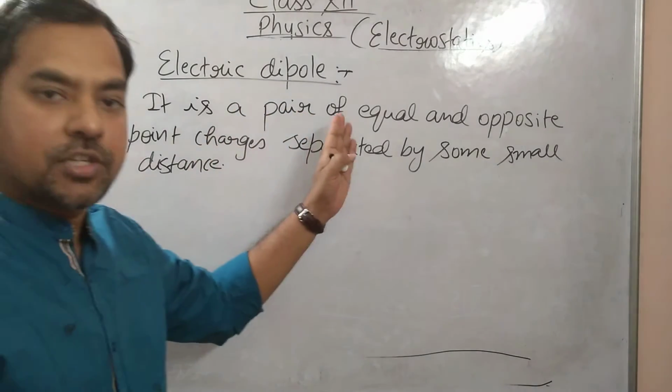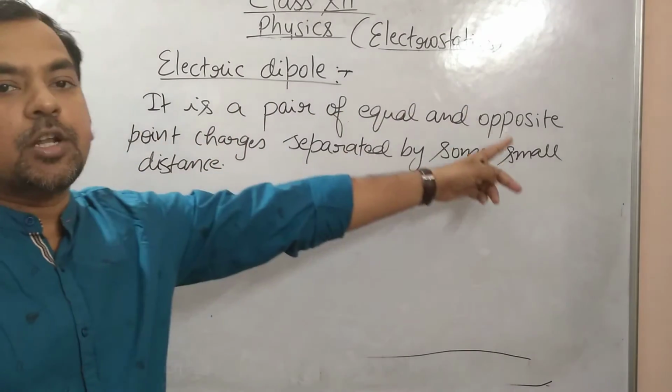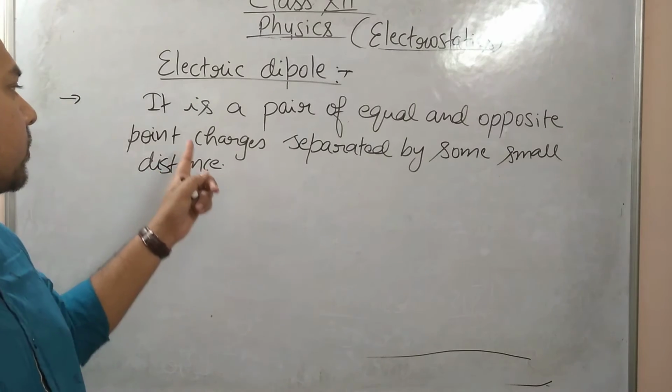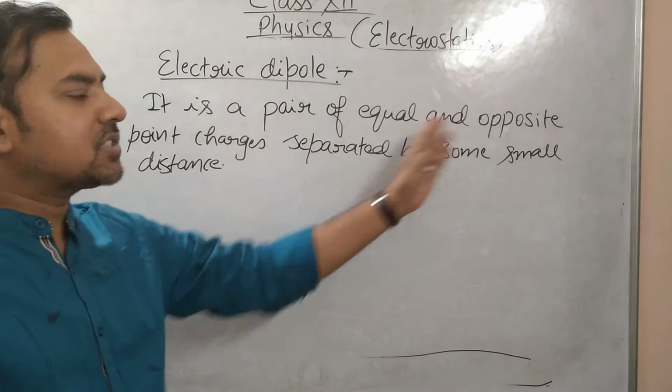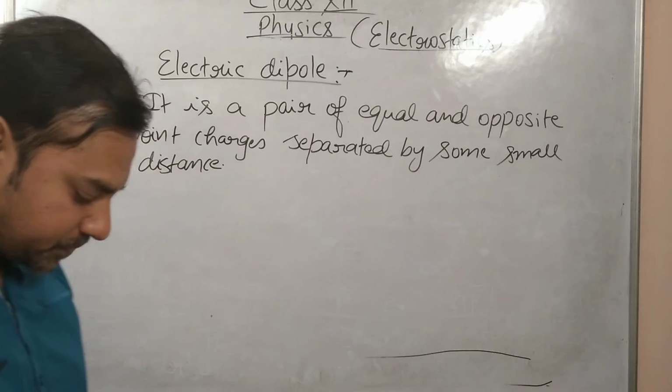So an electric dipole is nothing but a pair of equal and opposite point charges separated by some small distance.